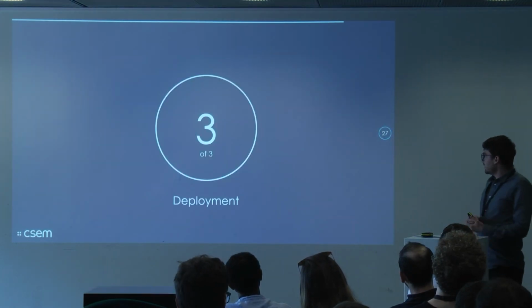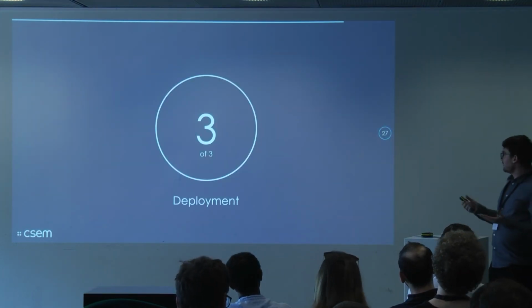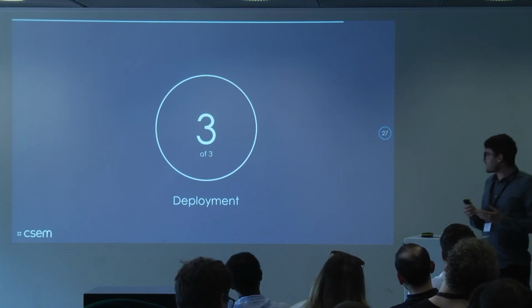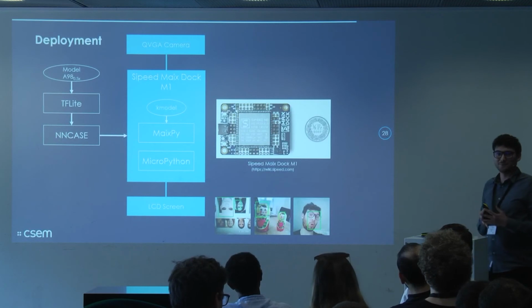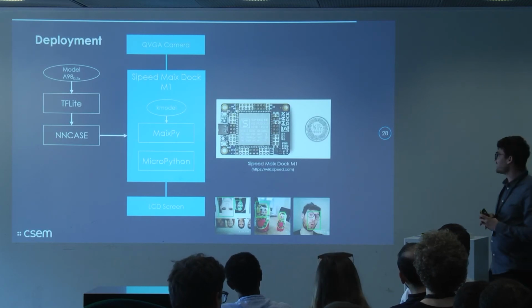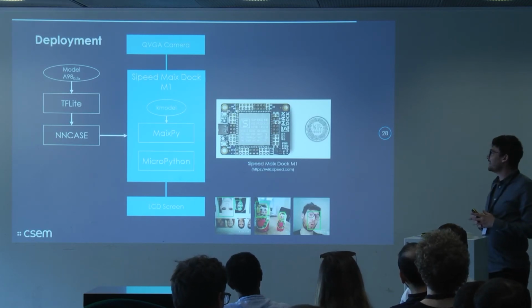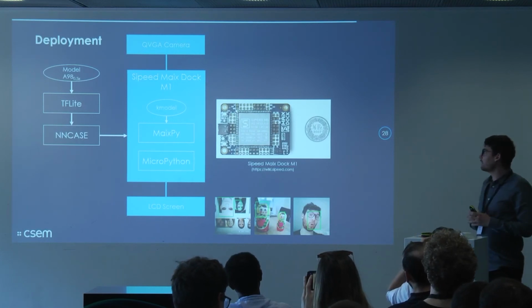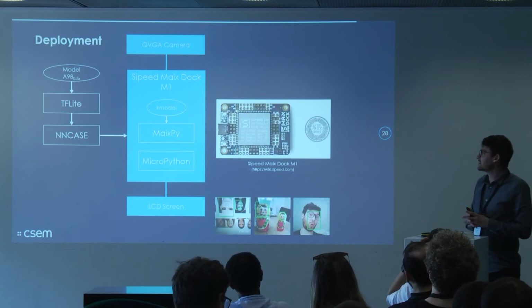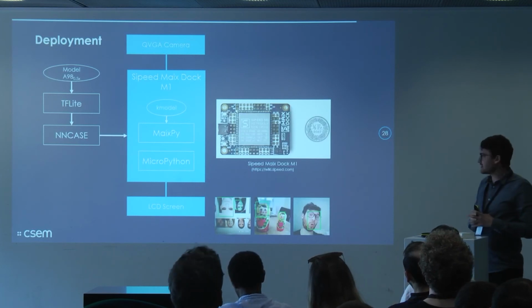Okay, now let's go to the deployment. So the deployment process is quite hard, actually. We had to do several iterations to manage to implement this model on the device. So starting from our model trained with Keras, we can convert it to TensorFlow Lite.